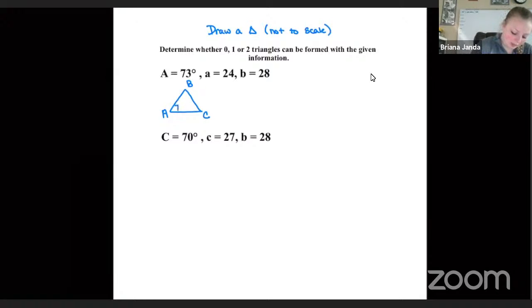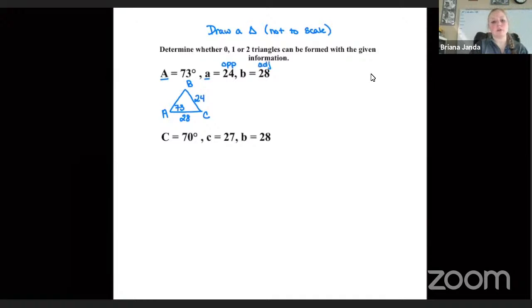So they tell me that angle A is 73 degrees, that side A is 24, and side B is 28. And I can see from my picture, which you should be able to also identify from the lettering, that 24 will be the opposite side and 28 will be my adjacent side.